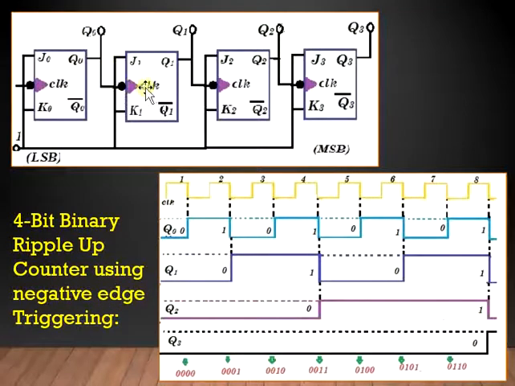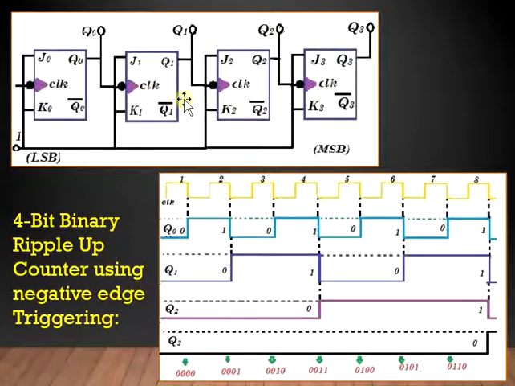To provide the negative edge triggering, I am bubbling the clocks. As you can see, this bubble at the clock indicates that it is negative edge triggered, and this is an asynchronous type of counter, so that is why the output of the preceding stage is connected to the input or the clock of the next stage.